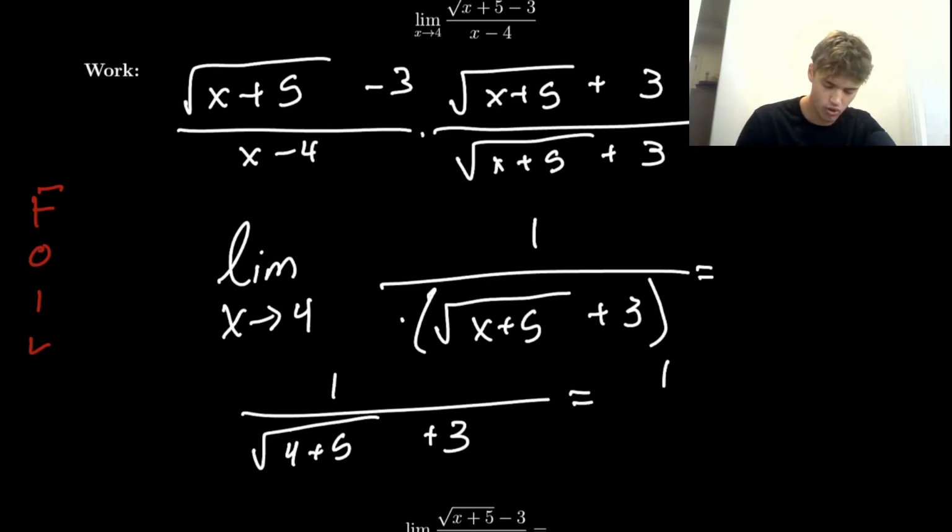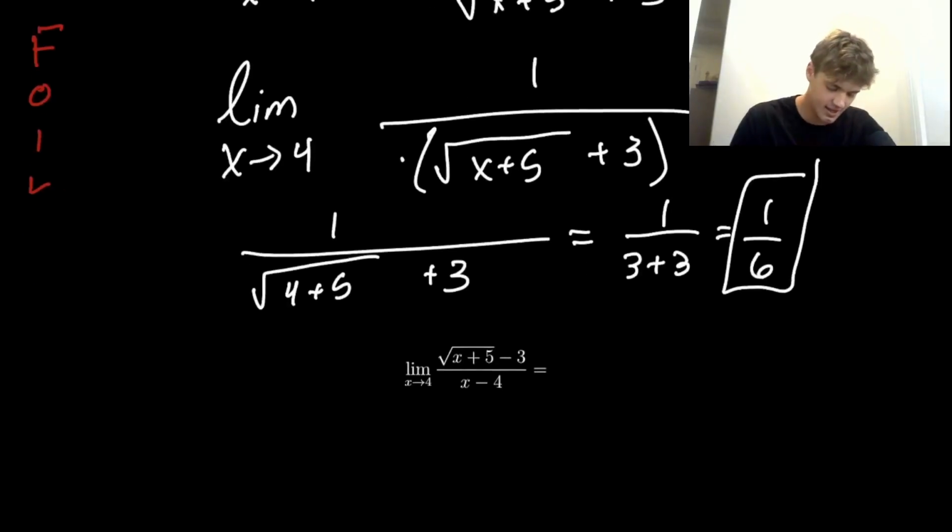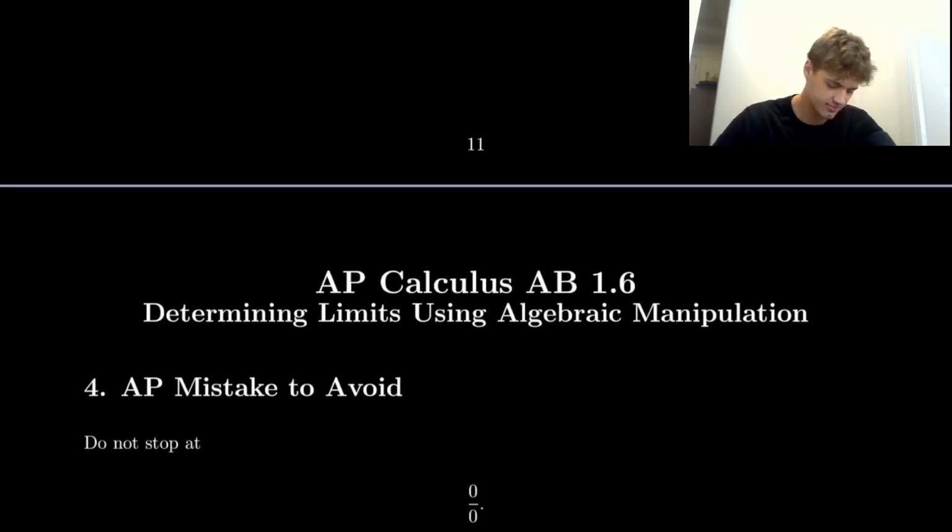That's 1 over 3 plus 3. Our answer is 1 over 6. So instead of us having a 0 over 0, that's just a cloak that's hiding what the actual solution is. We have to do something like multiplying by the conjugate to figure out what the actual solution is.